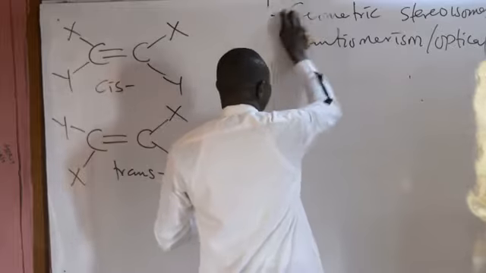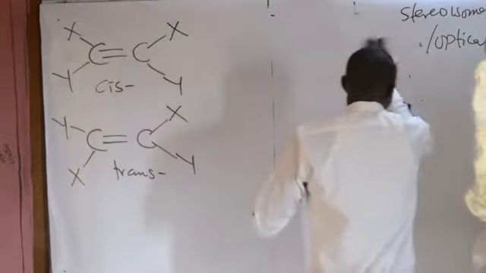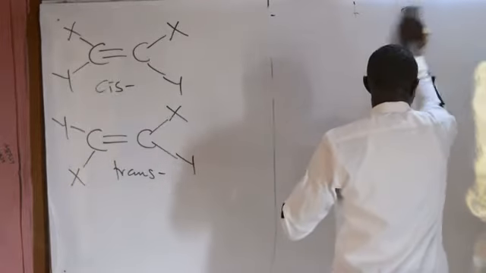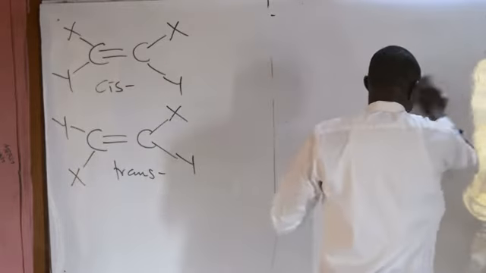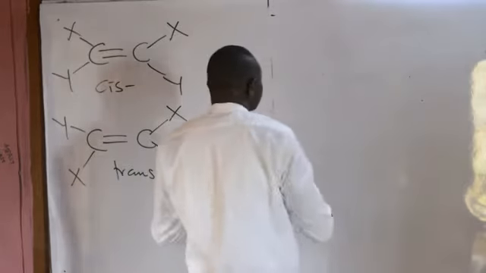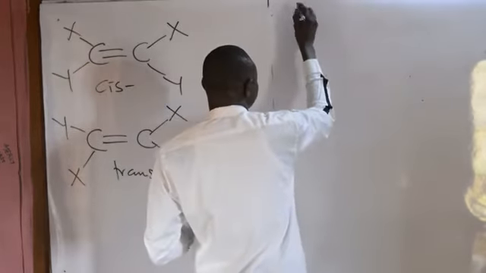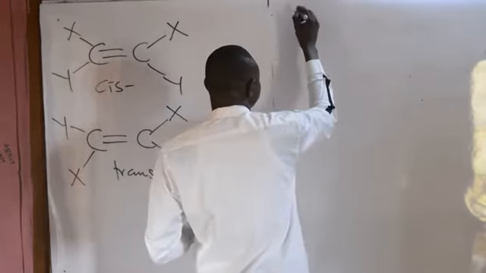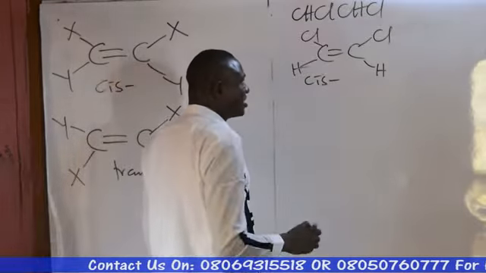And we want to take examples. There are several examples of molecules that exhibit geometric cis-trans isomerism. The first is 1,2-dichloroethene, CHCl=CHCl. You have something like this, C double bond C, chlorine, chlorine, hydrogen, hydrogen. So this is cis-1,2-dichloroethene.